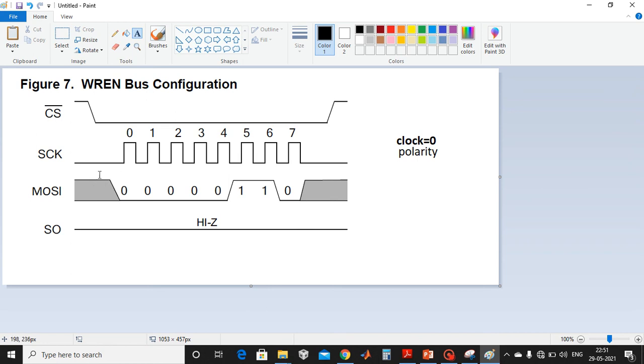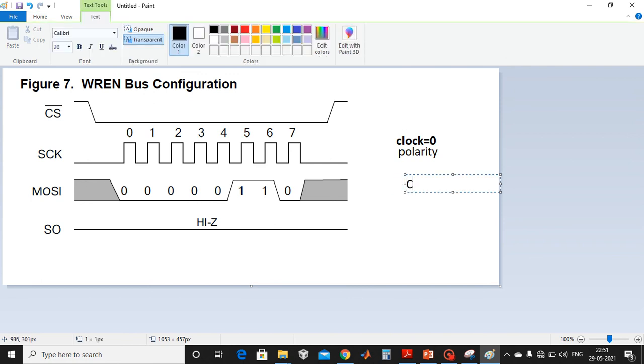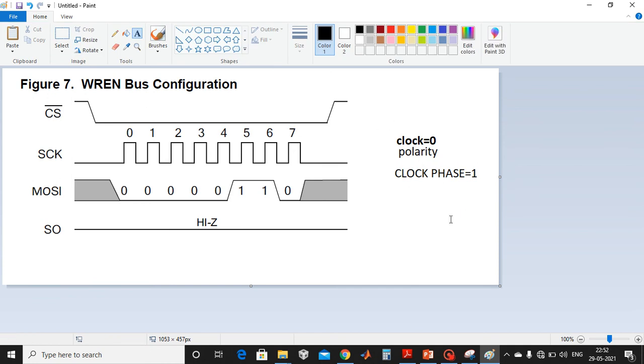So we can conclude that it has clock phase as 1. So we have extracted both our major important pieces of information from this timing diagram, the clock polarity and clock phase.